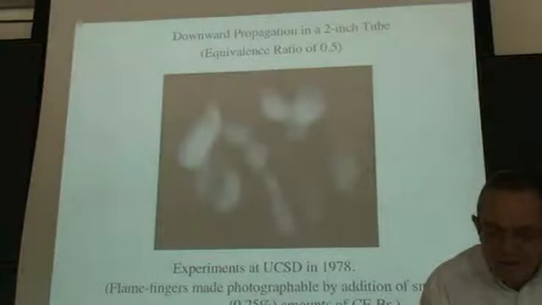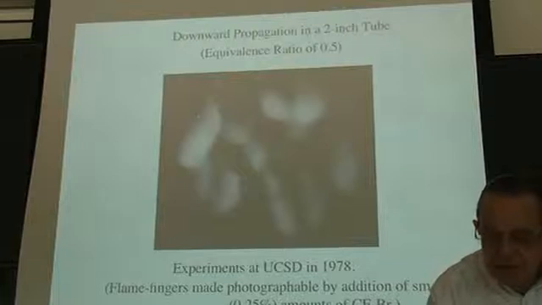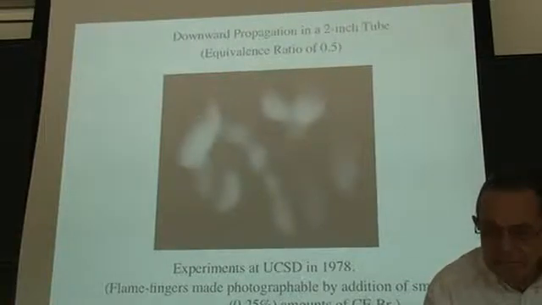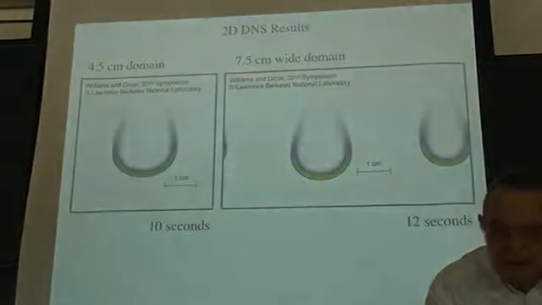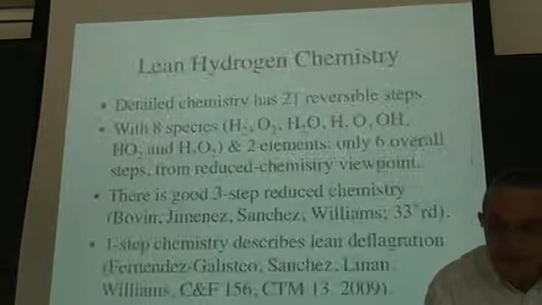Lean hydrogen flames actually do break up into cells with spaces between them, so that you really couldn't use the G equation to describe those because it's broken, okay? And computationally, Joe Gertcher showed, as well as experimentally in the previous work, that this happens for lean hydrogen.